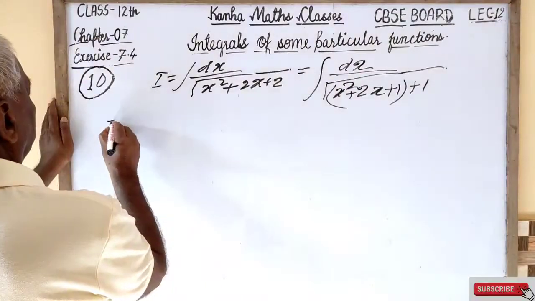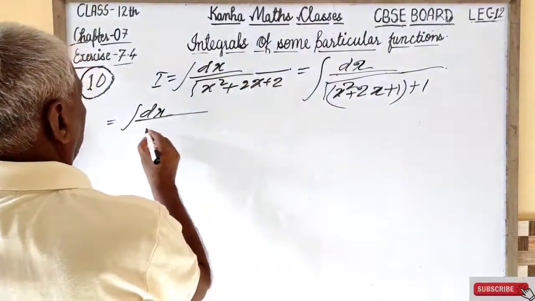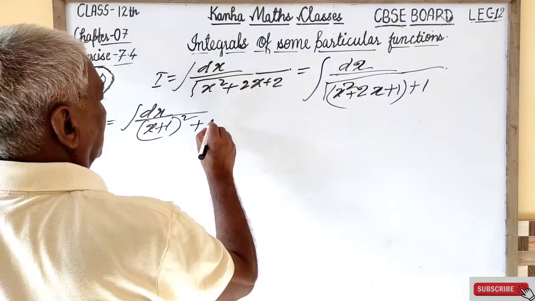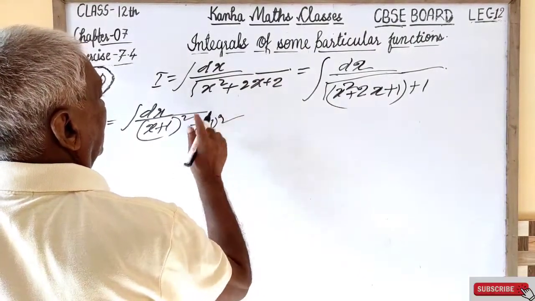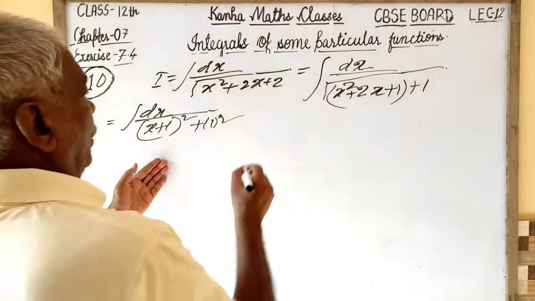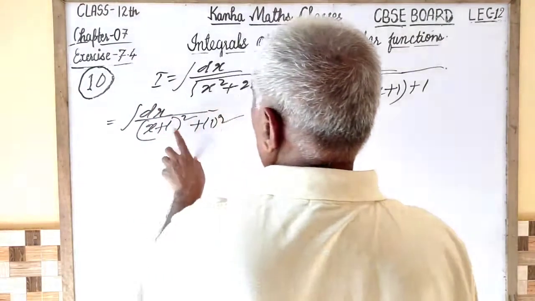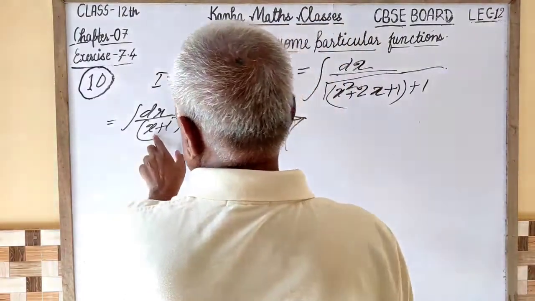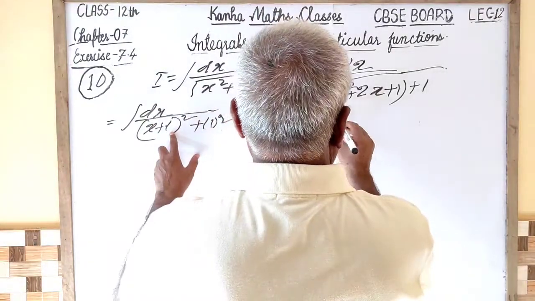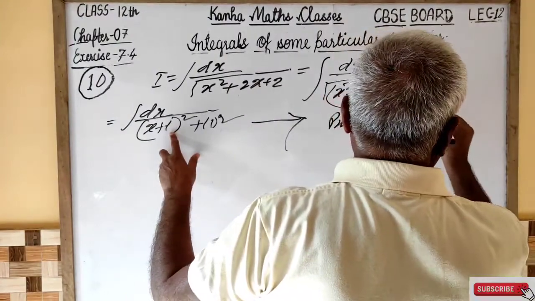Now this is dx upon x plus 1 whole square plus 1 square, and now for the substitution method we will put x plus 1 is equal to tan t.